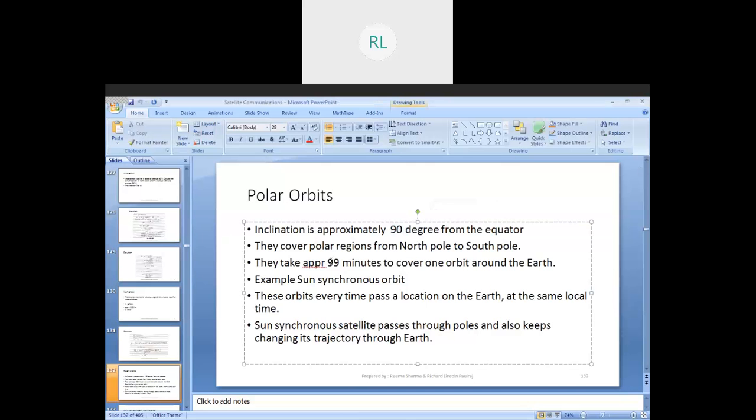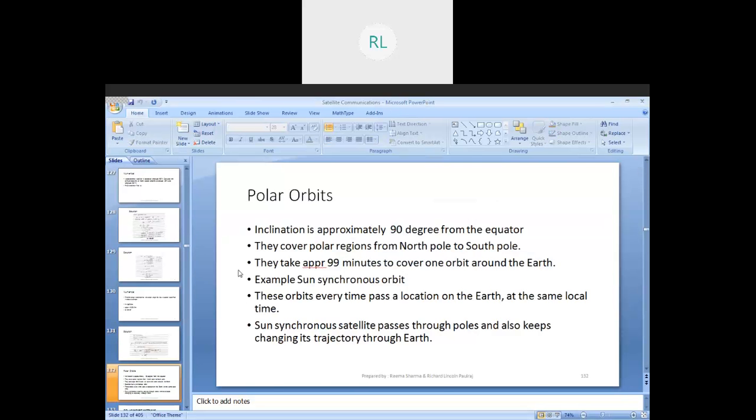Was it possible for us to cover the North and the South Pole using the geostationary orbits? I guess no, sir. No. So that's the reason we are actually looking at the polar orbits. So polar orbits will help us in covering the North Pole and the South Pole, the ice caps.